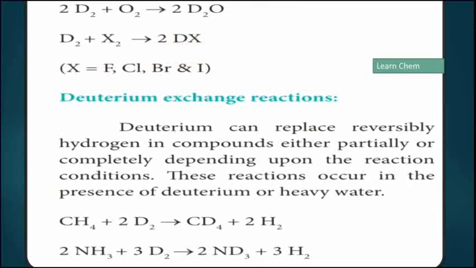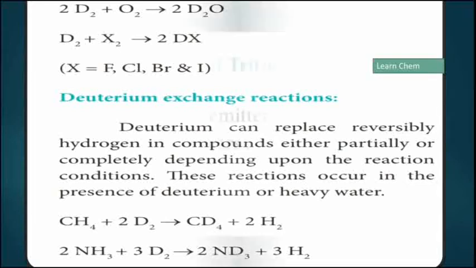These are some deuterium exchange reactions, that is, deuterium can replace the hydrogen present in a compound. For example, here CH4, in this compound hydrogen is replaced by deuterium. CH4 becomes CD4, deuteromethane. Likewise, ammonia, NH3 becomes ND3, deuteroammonia.